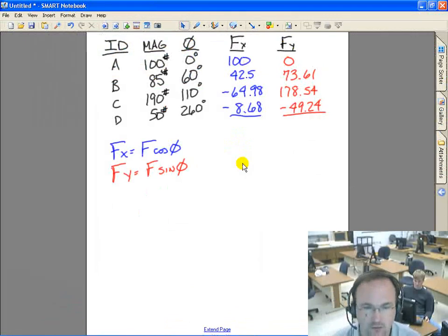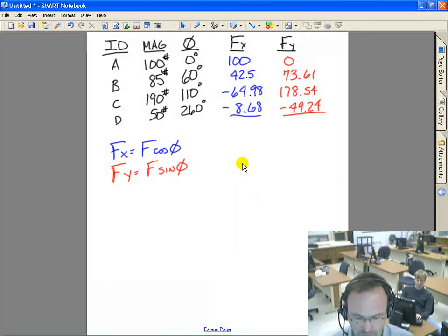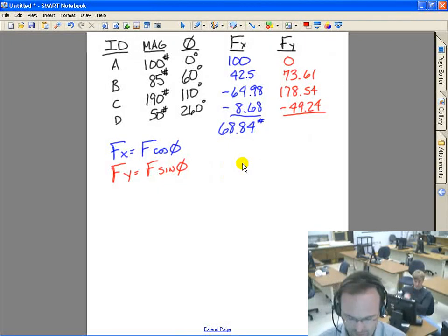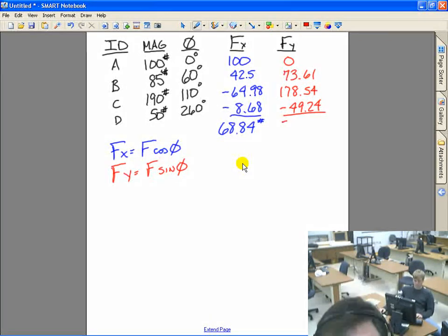And so let's go through. 100 plus 42.5 plus negative 64.98 plus negative 8.68 equals. So my Fx is 68.84 pounds. My Fy, 73.61 plus 178.54 plus negative 49.24 equals 202.91 pounds.